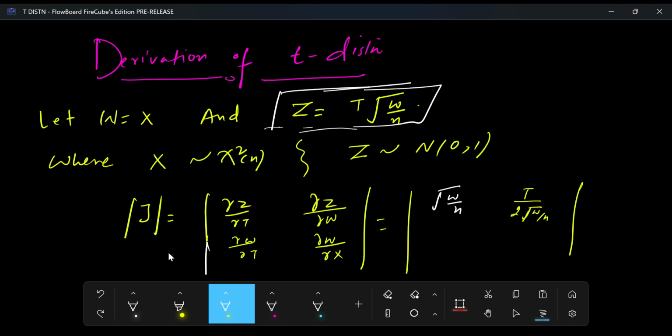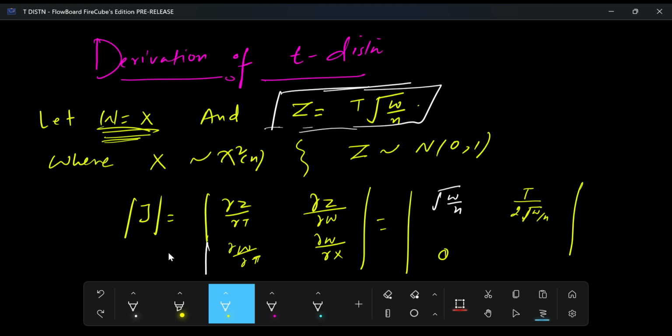Del W by del T: no involvement of T, so differentiation will be 0. As we treat this X as constant, then differentiation of that will be 0.